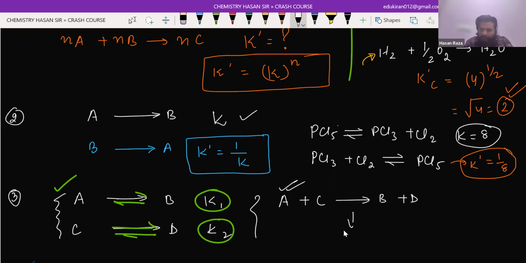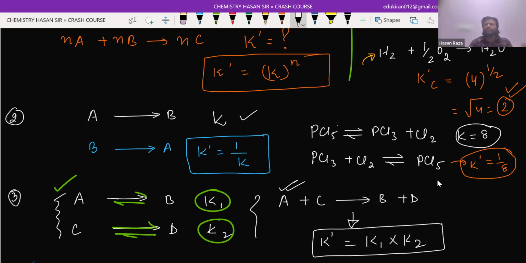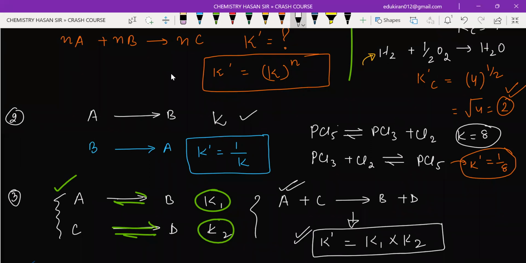So this will have a new equilibrium constant K dash, which will be equal to K1 into K2. So if you get a new reaction from two or more other reactions, the equilibrium constant of the new reaction will be equal to the multiplication of all the old reactions' equilibrium constants. Are you getting my point? Yes, sir. So please do write it.